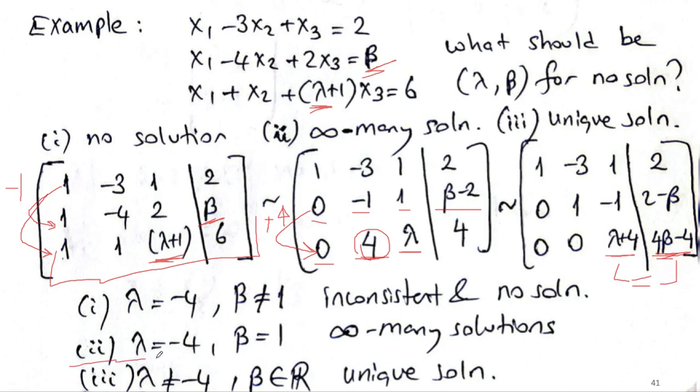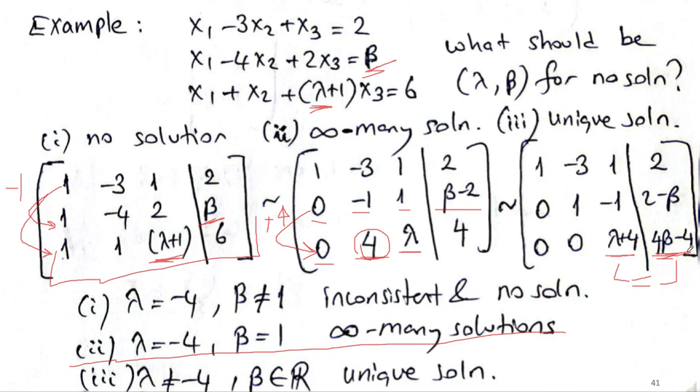So we can easily identify if lambda equals minus 4 and beta equals 1, then the third equation effectively doesn't say anything, which is always true, right? If the left and right-hand sides are the same.